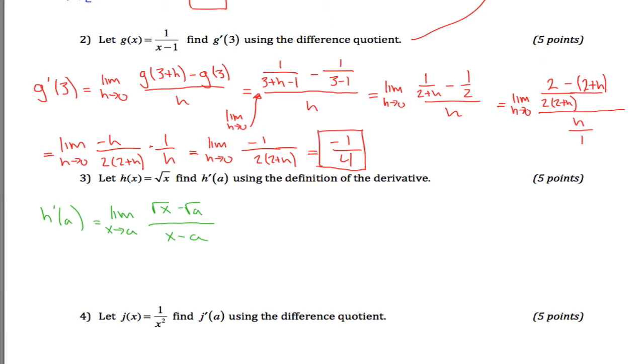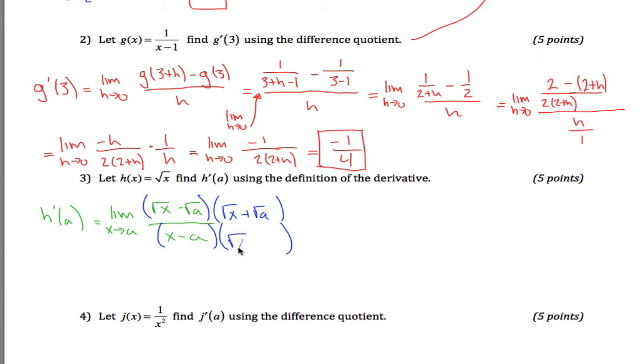But there's a little trick, and the trick says that if you want to get rid of this x minus a in the denominator, we have to multiply both the top and the bottom by something so that we'll be left with an x minus a. And what that something is, it's the square root of x plus the square root of a.